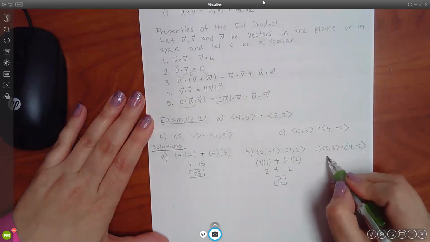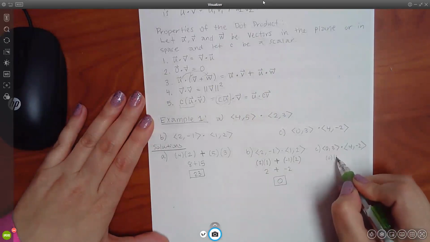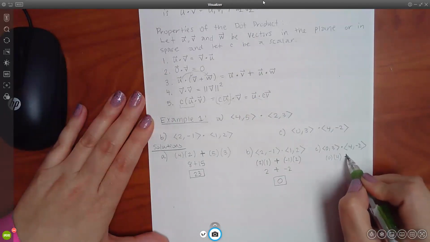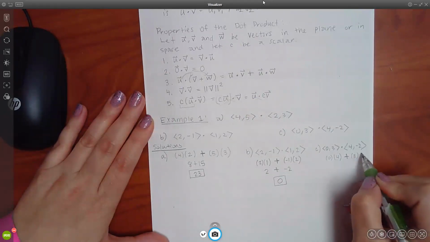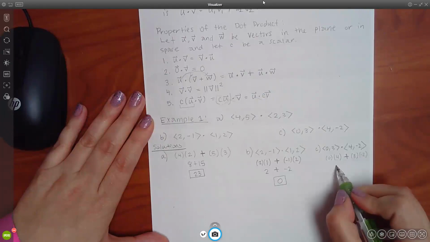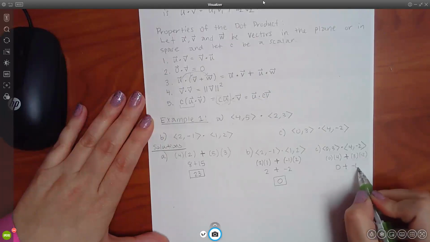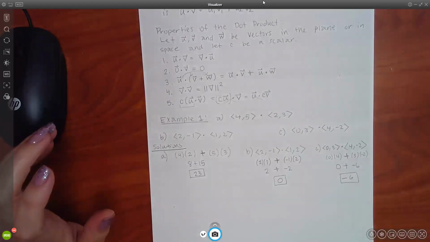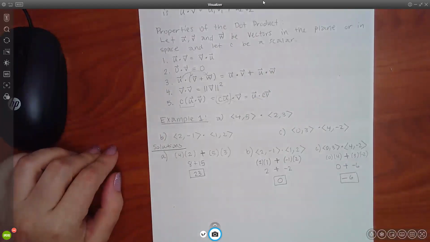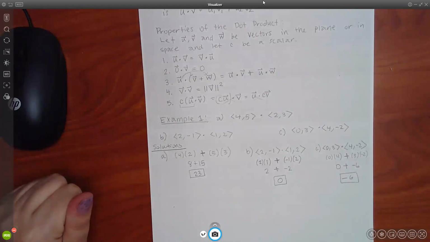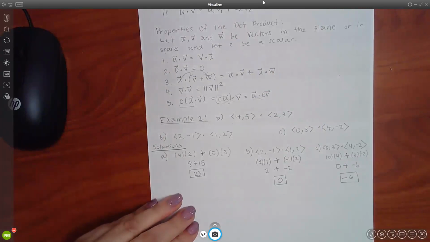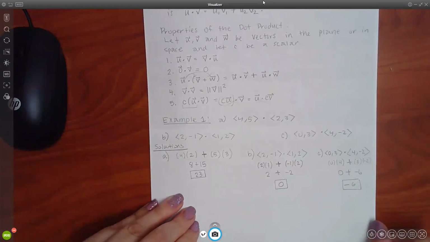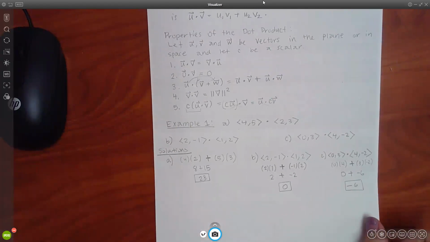So then for this one, I'm going to have the first component 0 times the first component 4 plus 3 times the -2. I get 0 plus -6, which is -6 for that dot product. Not too bad for this one.